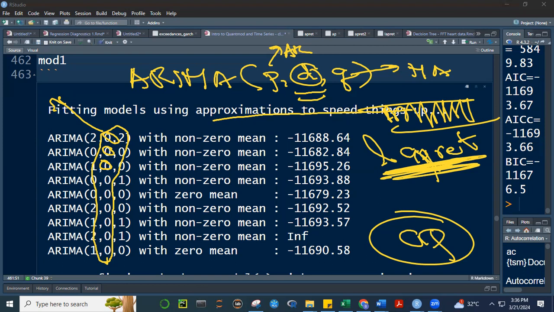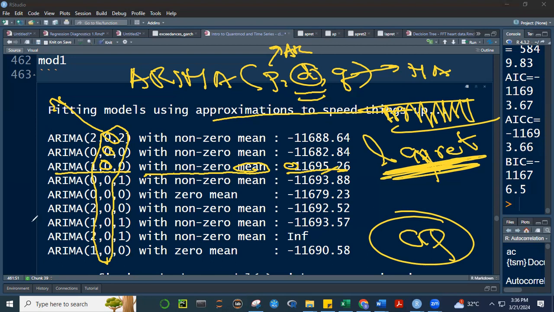Among these, the least is this one, because these are negative, so the least is the biggest negative. So based on these options, the best is ARIMA(1,0,0) with non-zero mean. This means there is a mean, like an intercept.